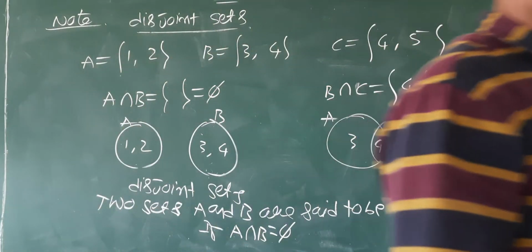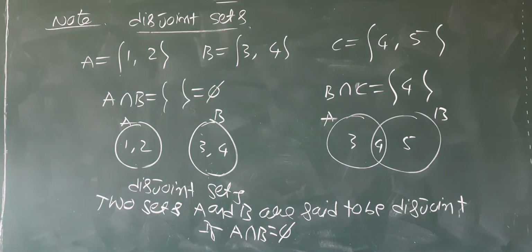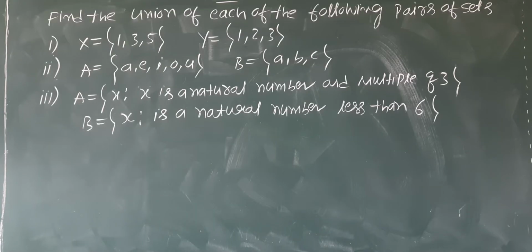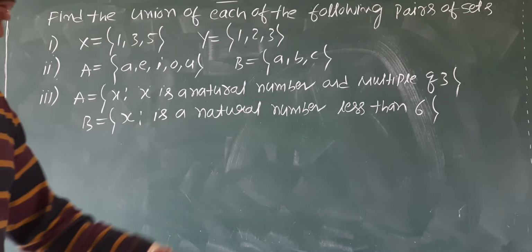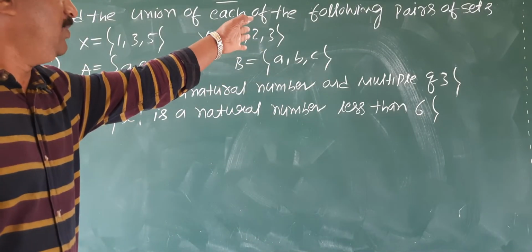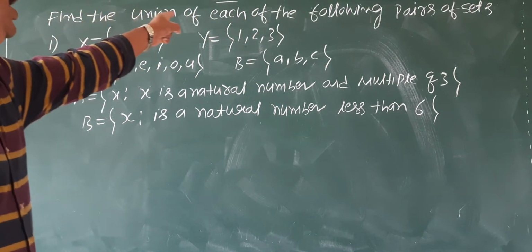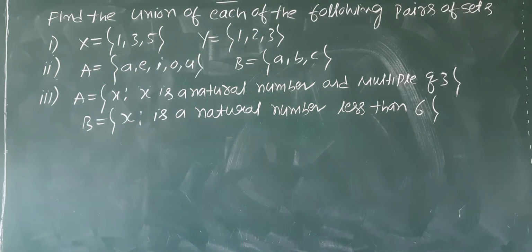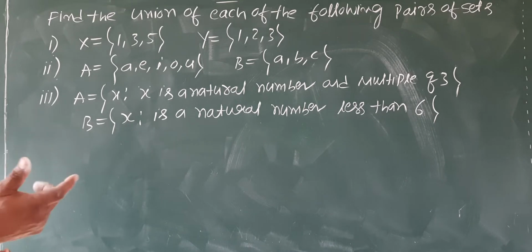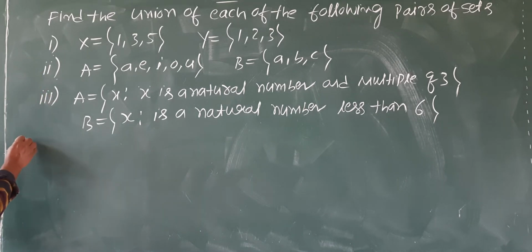Students, look at this simple question on the board. Find the union of each of the following pairs of sets. Just finding the union, so it is easy. Solve one by one.